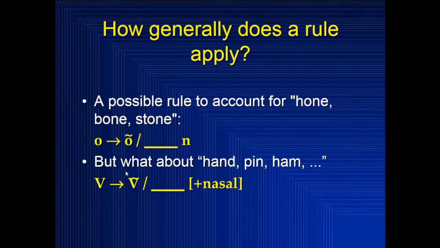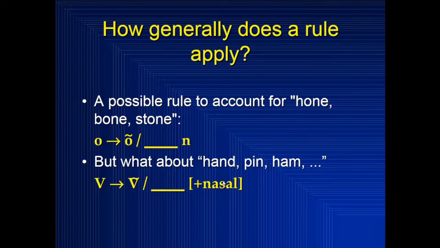Which means that we can have another general rule which is not just about the vowel O, it can be about all vowels. It should generalize across all vowels here. So V becomes nasalized, any vowel can become nasalized in the context where it is followed by a nasal sound. This is the place for the nasal sound, and this is the segment that follows it.